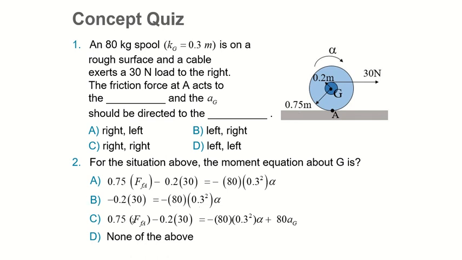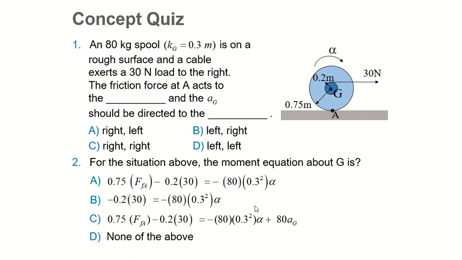Only this. Of course, the second one, we're dealing with the moment, so you have your force times distance. Your force is 30, another force 30, and your distance is 0.2 away from G, so you look for that. It is there, so we can get rid of it and keep going. So 80 is your spool weight.